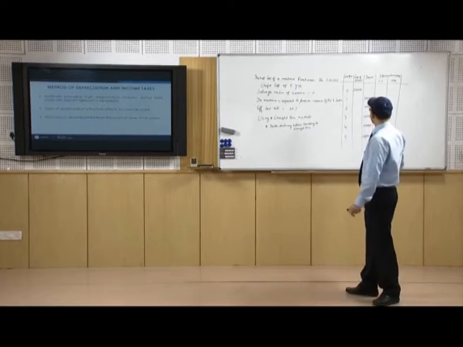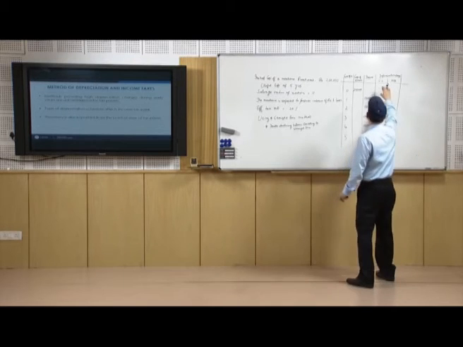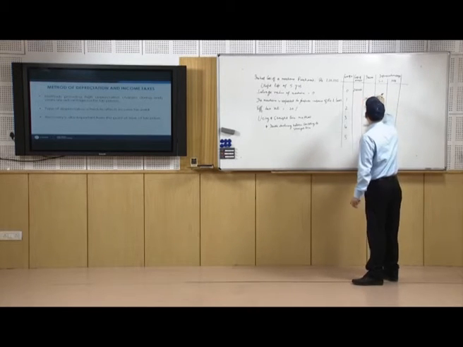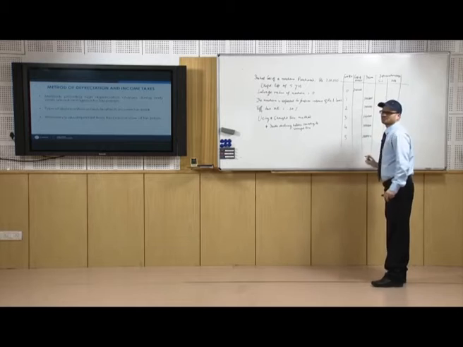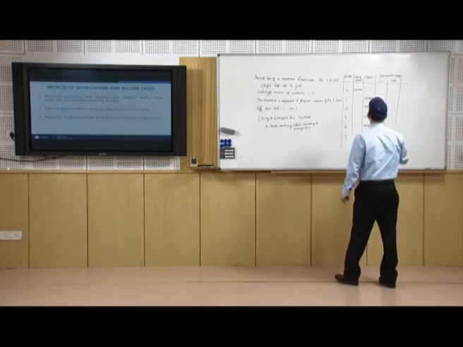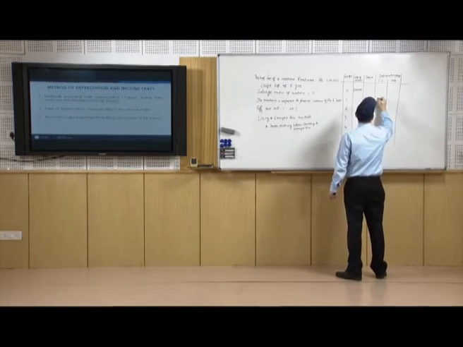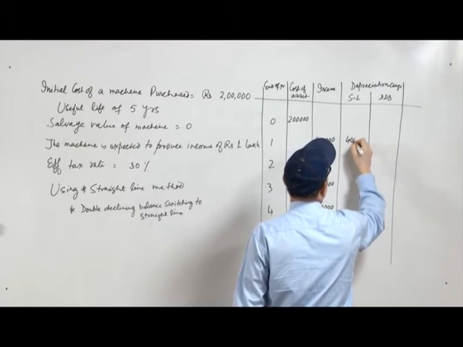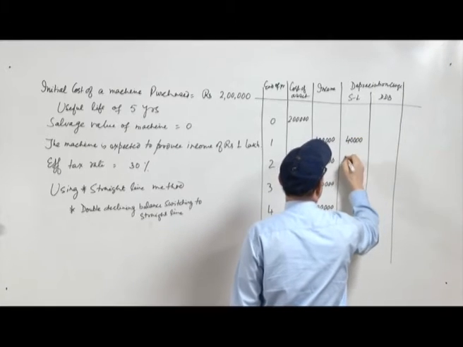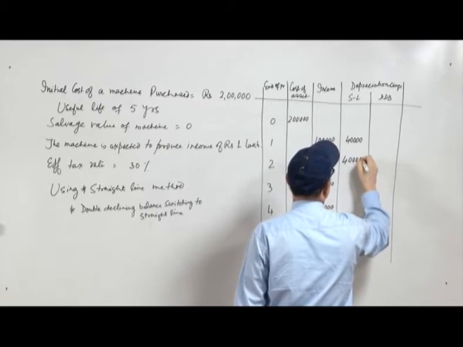Now, we know that in the straight line method we have a constant amount of depreciation charge every year. So, the straight line method calculates the yearly depreciation charge as 40,000.